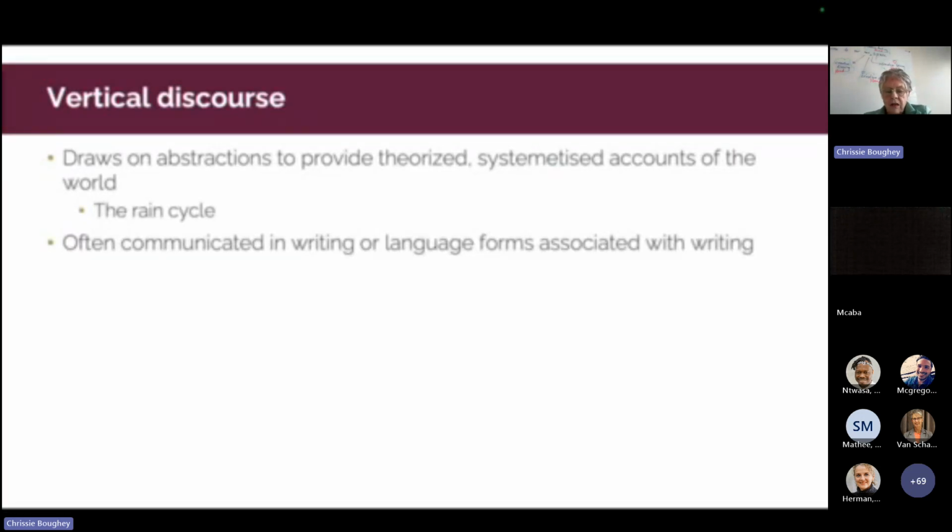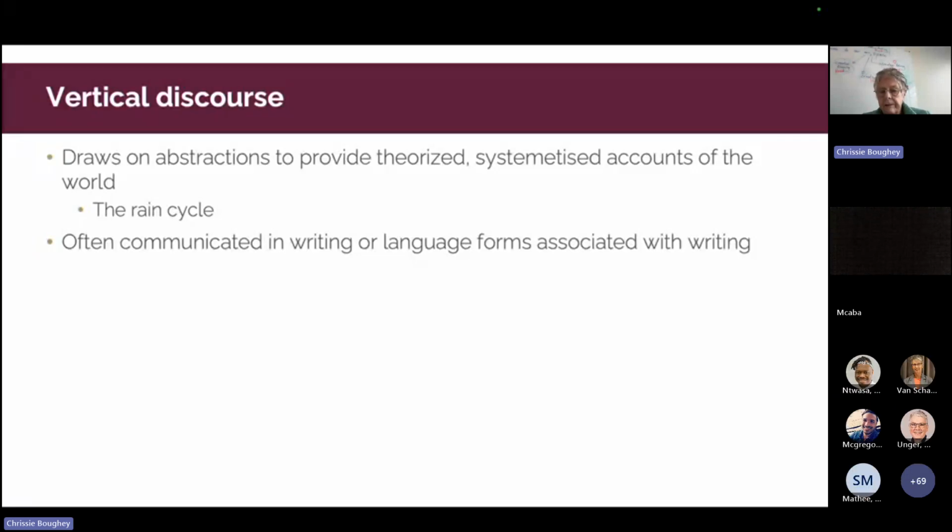The sun shines on the ocean, the water in the ocean heats up and evaporates, the water vapor rises, it forms rain clouds, the clouds move in over the land. As they move over the land, they cool, and then the water vapor condenses, falls as rain, runs into the rivers, and then the rivers return the water to the sea.